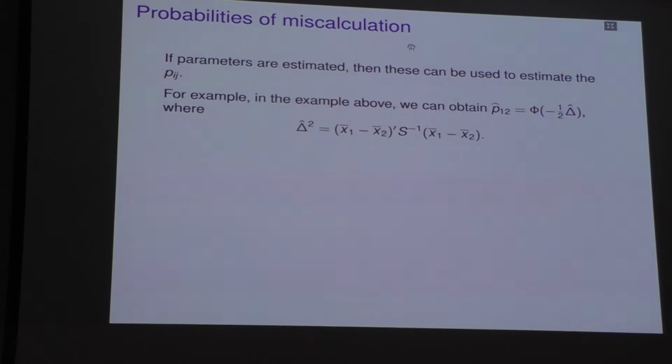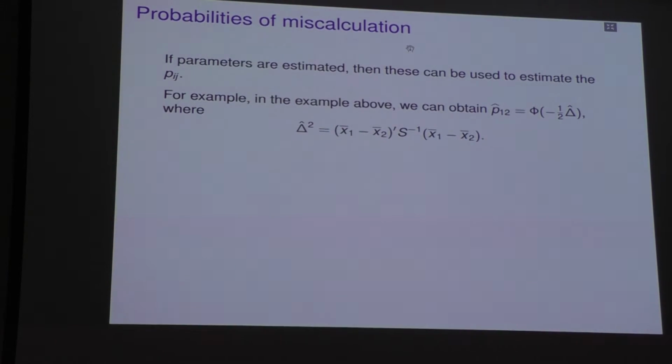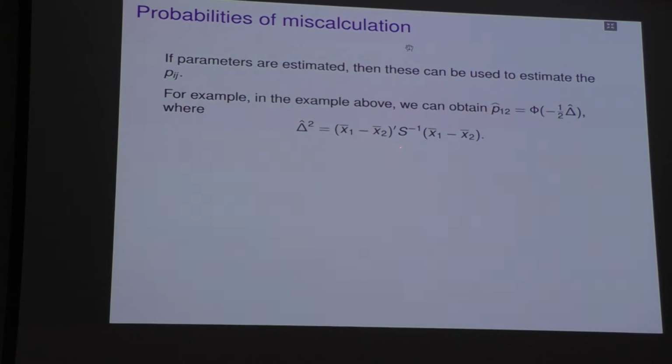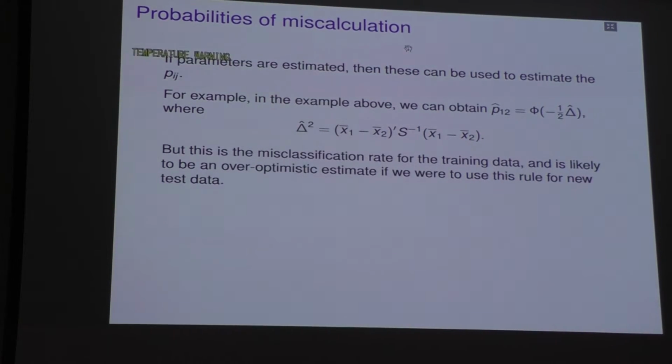We're estimating our means using x1 bar and x2 bar, replacing mu1 and mu2, and we're using our common variance matrix, our pooled variance matrix, which I should probably have called W, as I did on previous slides as well, and we're using that instead of sigma.